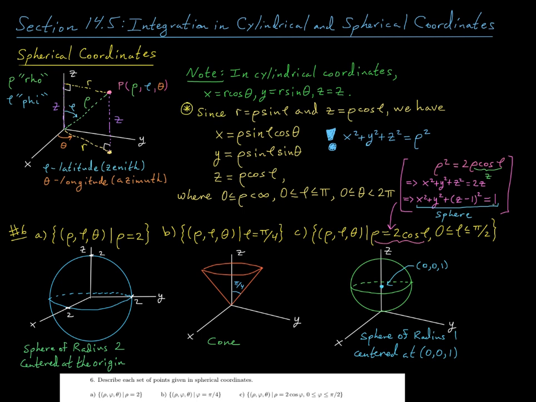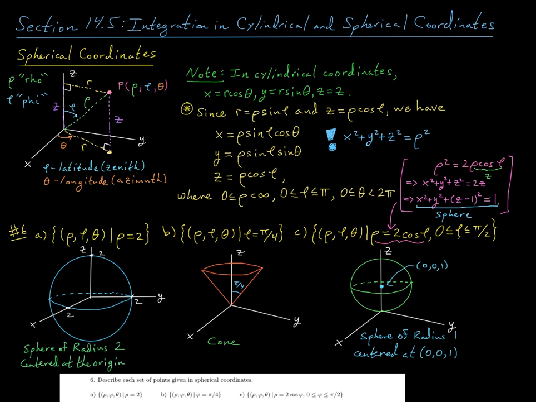Now this is the equation of a sphere whose radius is 1 and whose center is at the point (0, 0, 1). So think about taking the unit sphere centered at the origin and then we're shifting it up, okay?